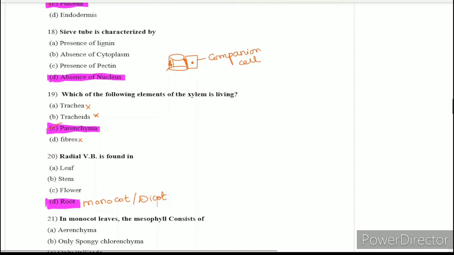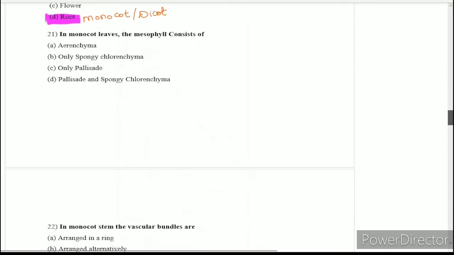In monocot leaves, the mesophyll cells consist of: Option A, parenchyma. Option B, only spongy chlorenchyma. Option C, only palisade. Option D, palisade and spongy chlorenchyma. What is chlorenchyma? If the parenchymal cell has chloroplast and performs photosynthesis, that is called chlorenchymal cells.